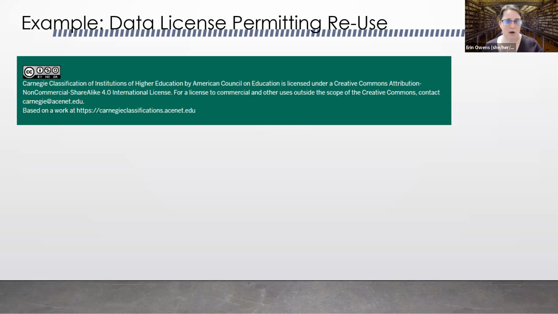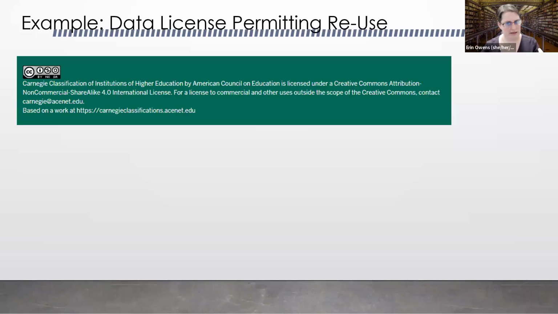This is one of the Creative Commons licenses. This is not the only way to license data, but Creative Commons is very popular. It's becoming a very common type of license to see. So it tells me that this data is licensed under a Creative Commons Attribution Non-Commercial Share Alike International License. Okay, so I know at least it has a license.